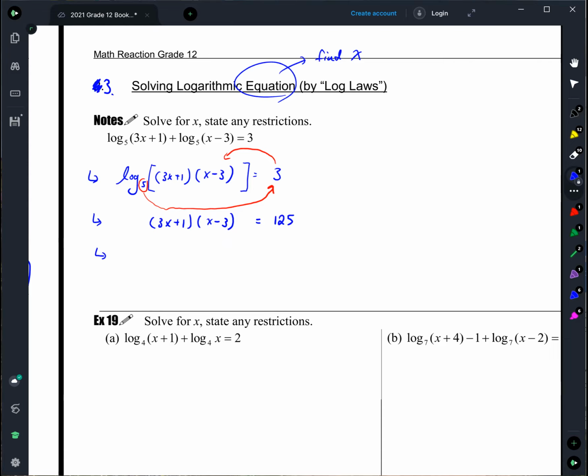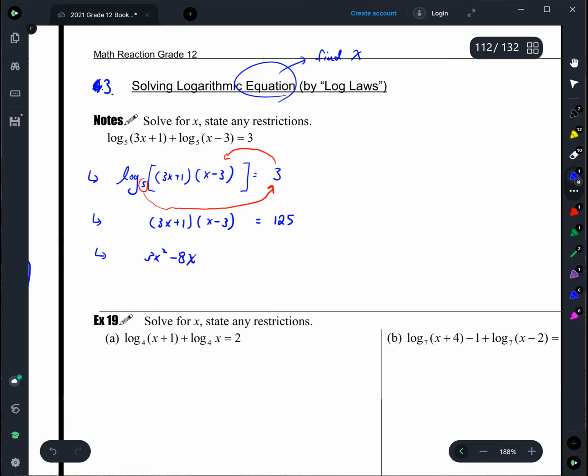Okay, 3x squared minus 8x minus 3. 3x squared minus what? 8x, 8x minus 3, equal 125. Okay, and then we're gonna move everything to one side. Once you get to here, this is called a quadratic equation. This is from your grade 11.